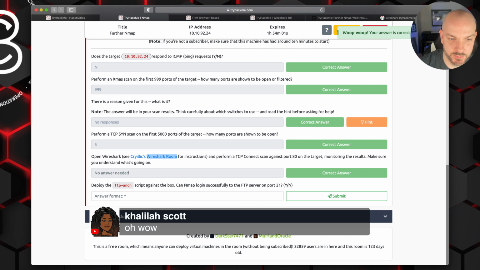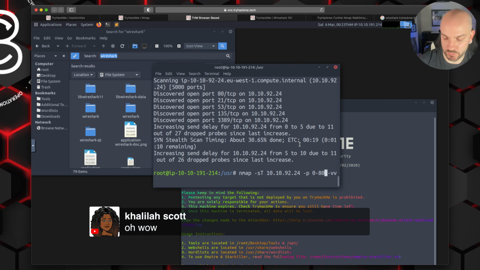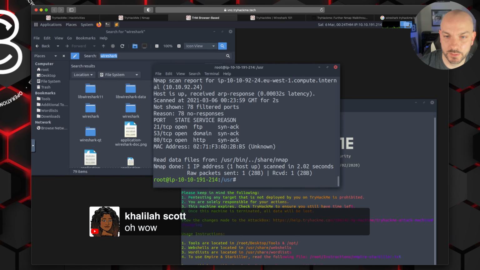And then we're going to deploy the FTP anonymous script against a box. Can Nmap log in successfully to the FTP server on port 21? So if we remember what that was, we'll just run this for kicks and giggles.